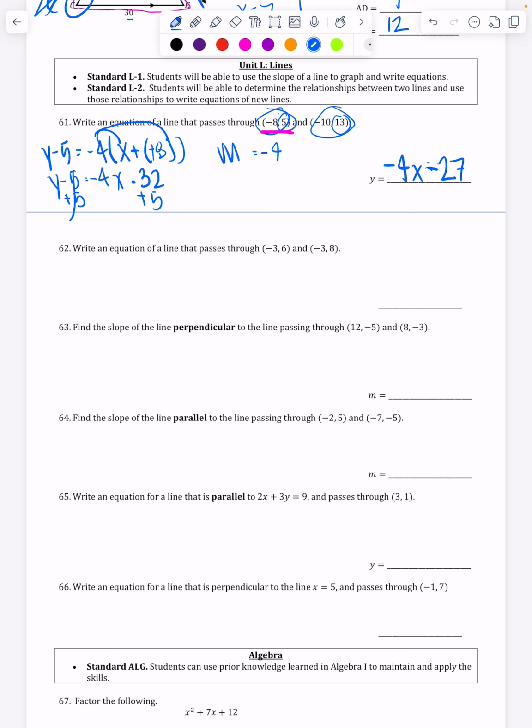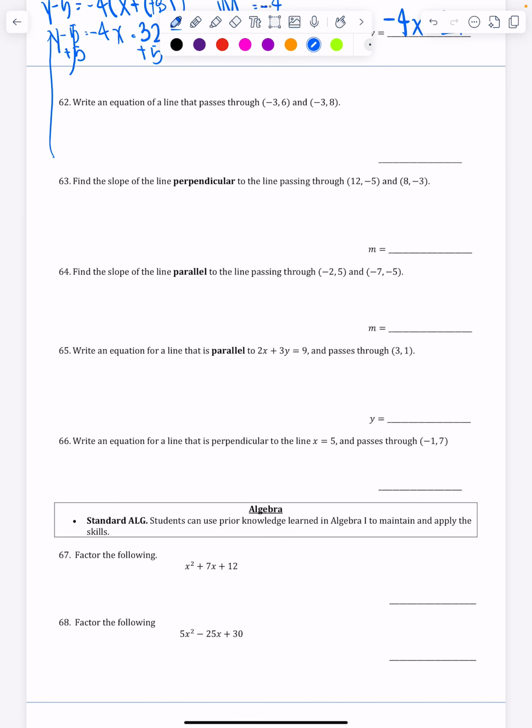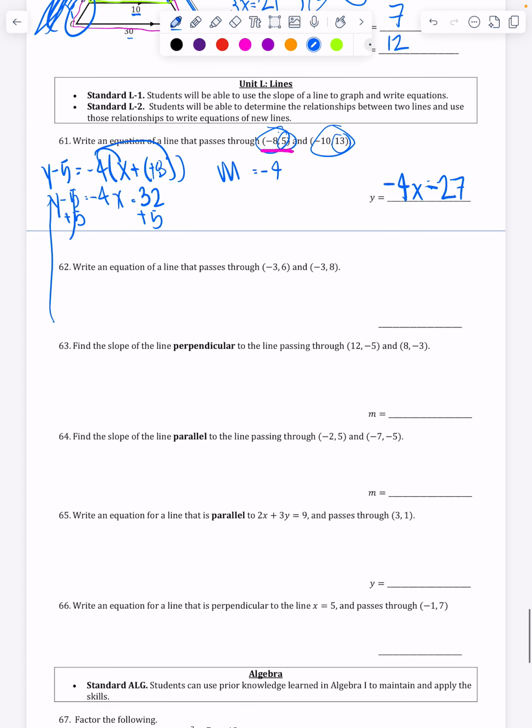Now let's scroll down to, whoops, can't get that to work right now. Write an equation of a line that passes through, oh gosh, same thing basically. So again, we're going to find our slope, put it into point slope, and move it into slope-intercept form. So to find my slope, did I miss one here?